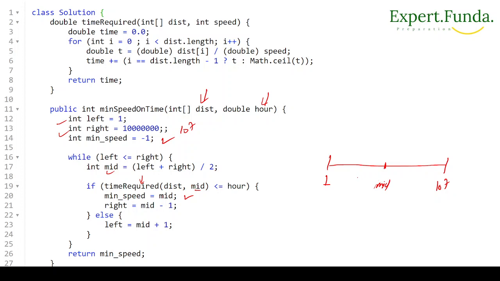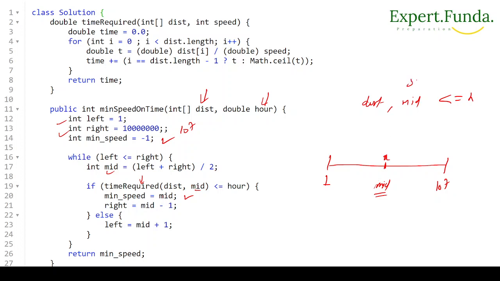Let's suppose some distance we have given and some mid, x is a midpoint. To complete this mid, we are checking less than or equal to hours. If that is the case, it means it is actually less than this hour, so minimum speed will become this.